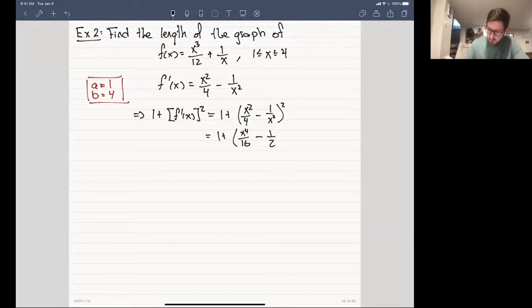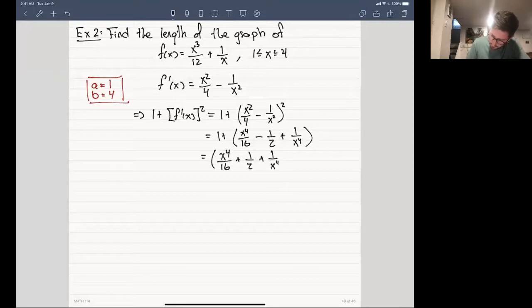And then we just double up. So 2/4, that's 1/2. And now plus 1/x to the 4. Now I've got a 1 out front, and I've got a minus 1/2 in the middle. This leaves me with x to the 4 over 16 plus 1/2 plus 1/x to the 4.